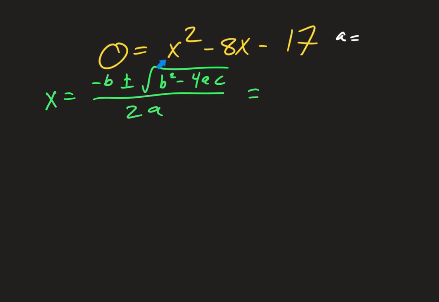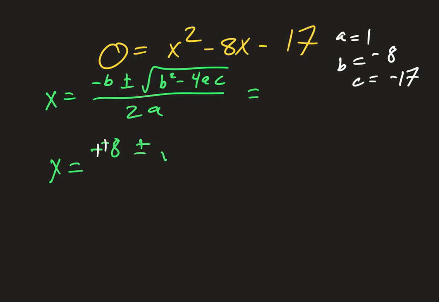A is the number in front of the x squared. So that's a 1. B is the number in front of the x. It's a negative 8. C is the last number. Negative 17. So x equals negative 8. A negative 8 plus a positive, so it'll be a positive 8.